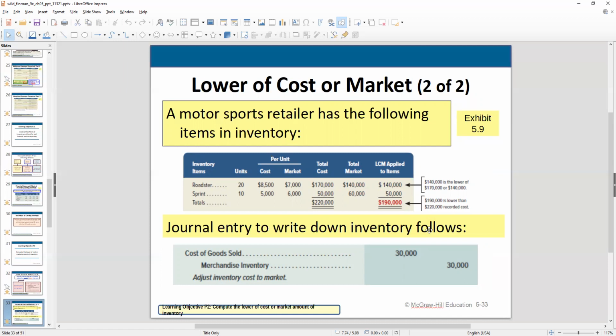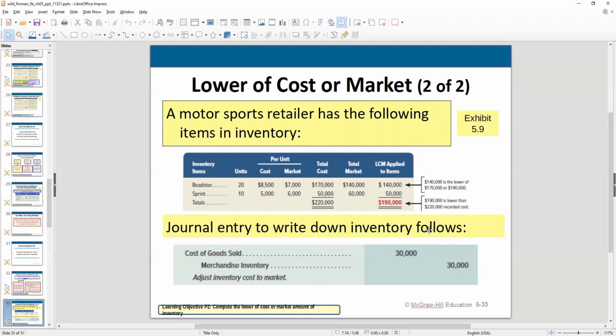So your total cost is $170,000 when you first bought the 20. But if you apply how the market has dropped for these 20 machines, you multiply 20 times 7,000, which is the new market price, then that only comes to $140,000.